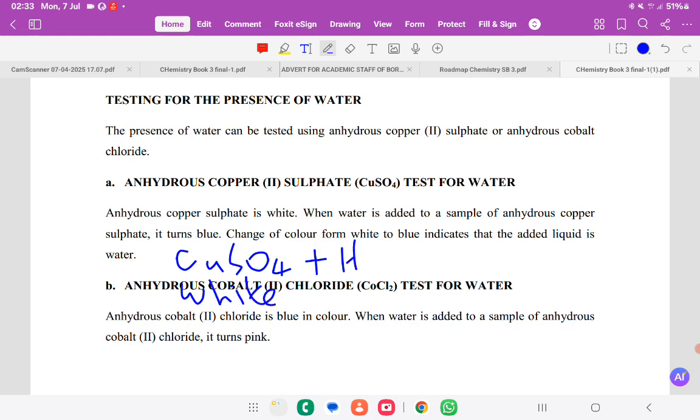When you add water to it, H2O, which is colorless, it is going to form what is called copper sulfate pentahydrate. Copper sulfate pentahydrate is CuSO4 and the pentahydrate is just 5 water molecules, so just write 5H2O.